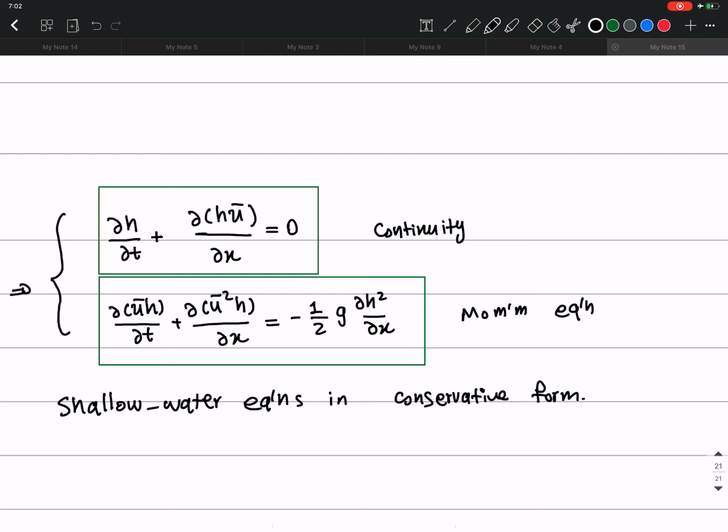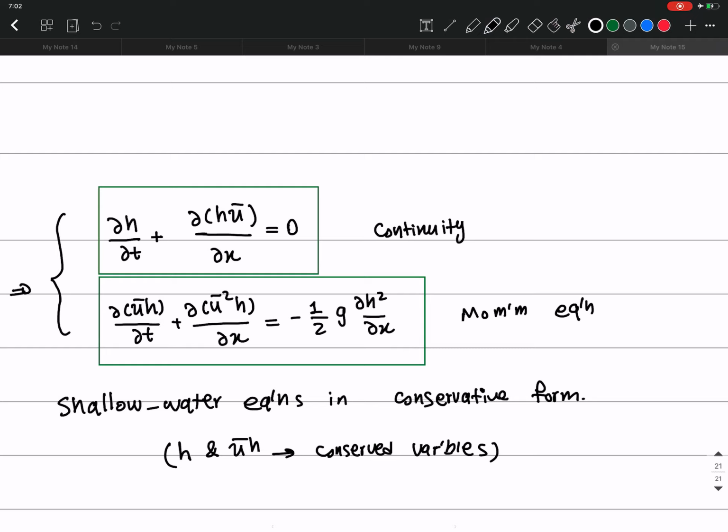And so your only unknowns here are h and u bar, or u bar h. And these are conserved variables. That's why we call this the conservative form.